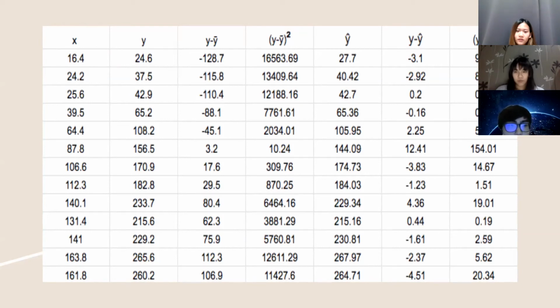Then you get the sigma of the second one, which is y minus y bar squared, and the answer is 93,229, which is in the next slide. And the last column is y minus y hat squared, which is the other one that we needed, which is 241.2. I made this table to make it easier to understand. Okay, next slide.